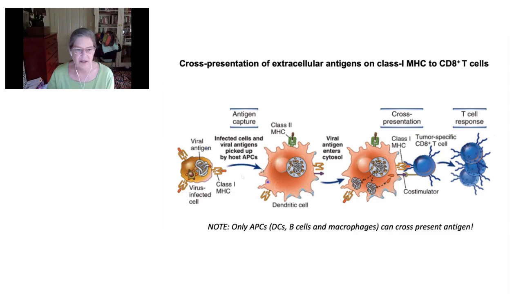So it's picking stuff from the outside or the cell surface, and then it's beginning to process it in class 2 MHC presentation, but some of that antigen, it magically pushes into the cytosolic stream and allows it to get processed and put on class 1 MHC as well. So that's why you can have outside-of-the-cell antigens presented on class 1 MHC on any kind of APC, whether it's a dendritic cell that's going to be priming B cells and T cells, you can see why that's important, and also if it's B cells and macrophages working with CD4 cells.